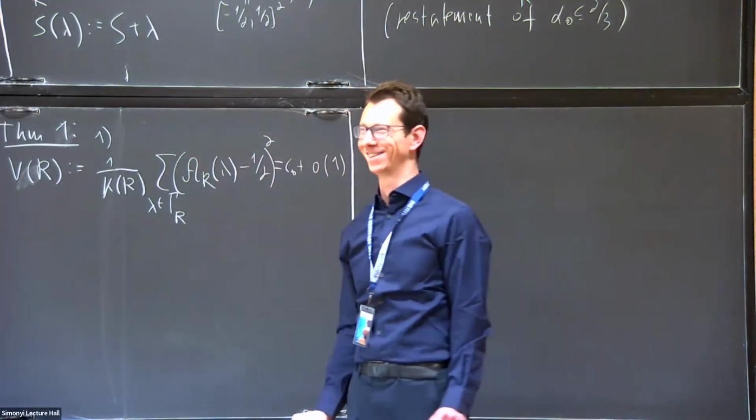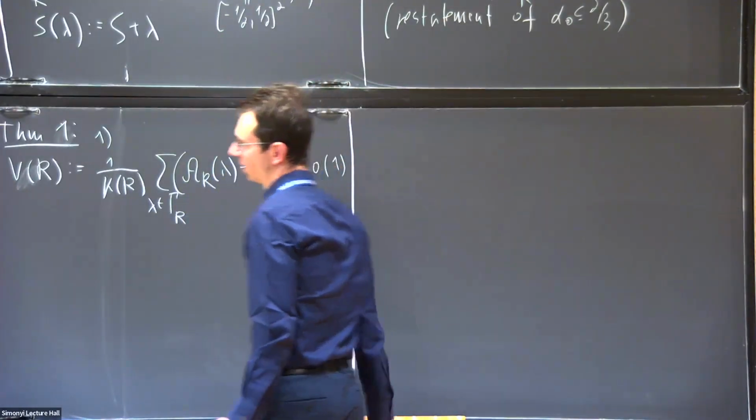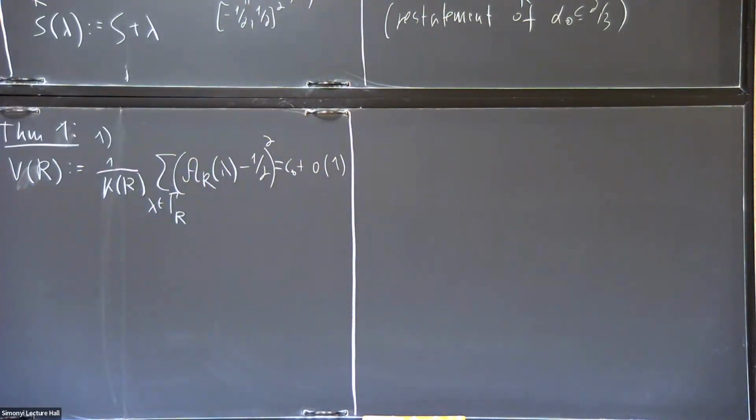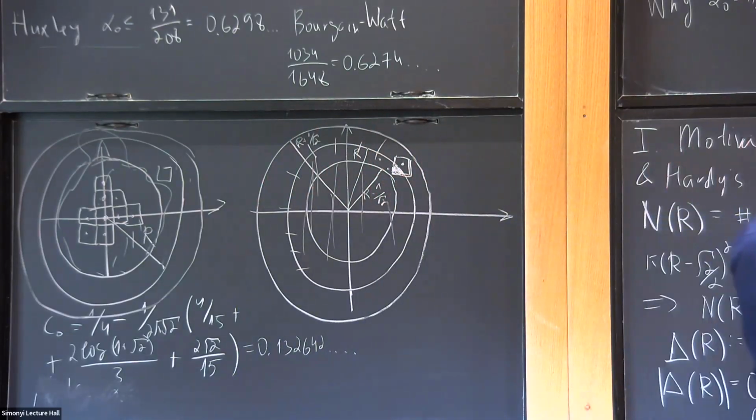So this is C naught. And C naught is this number, which is very explicit. And importantly, it's positive.